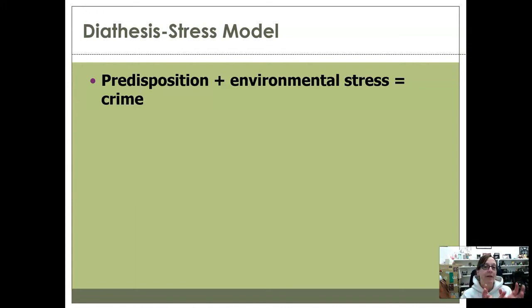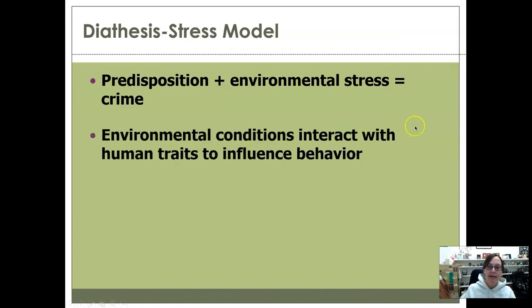But that predisposition alone is not enough to create a criminal. It has to be combined with some kind of environmental stressor to then lead to crime. So more modern biological theories take into account both the nature and nurture sides of the nature-nurture debate. Essentially the Diathesis-Stress Model says that environmental conditions interact with human traits to then influence behavior.